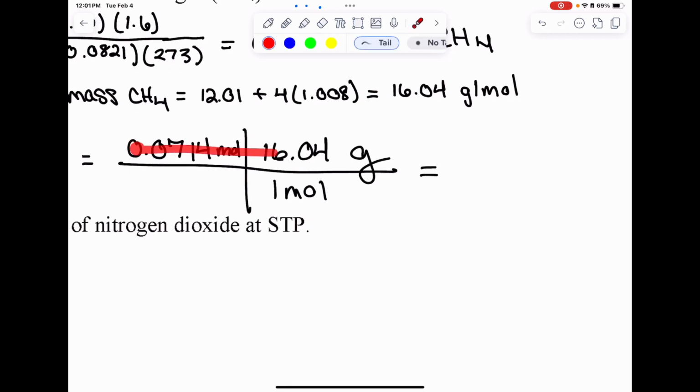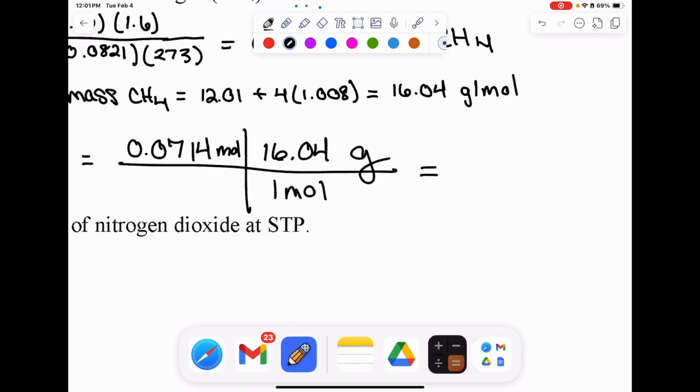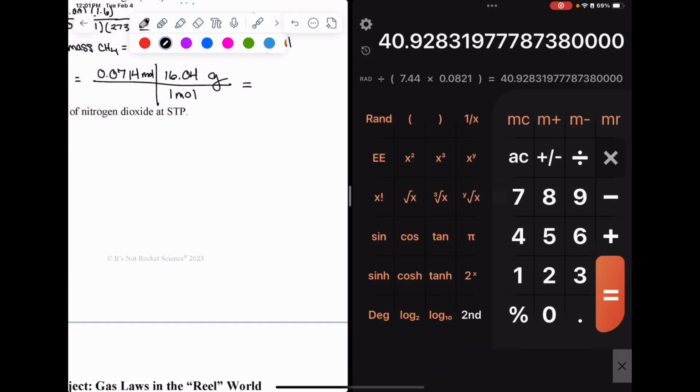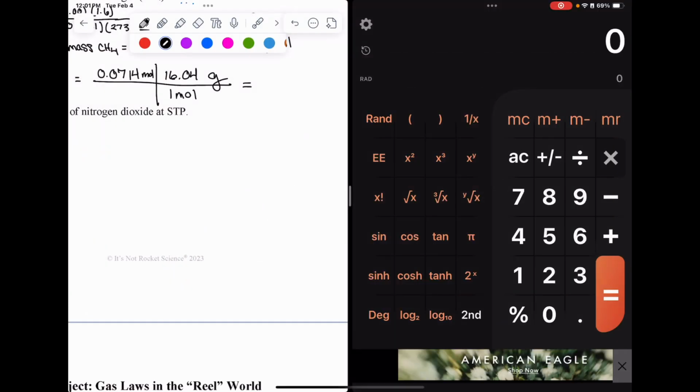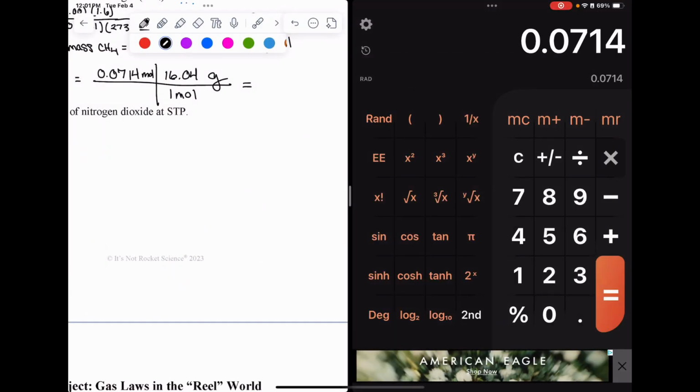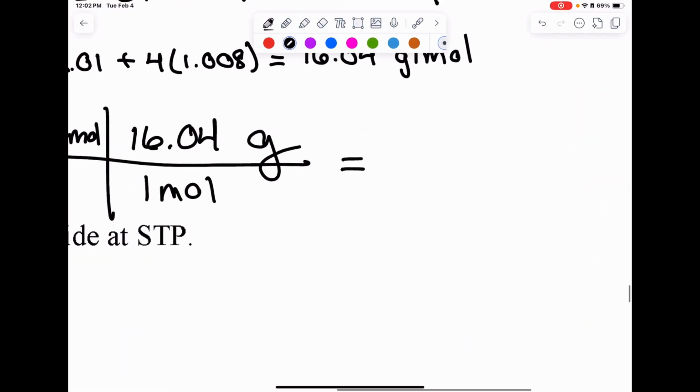So multiplying straight across, we've done this before. We will plug in straight across, 0.0714 times 16.04, 1.15. Round it, 1.15 grams of CH4. And that is your answer.